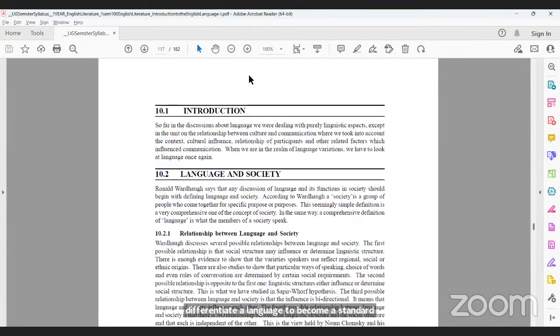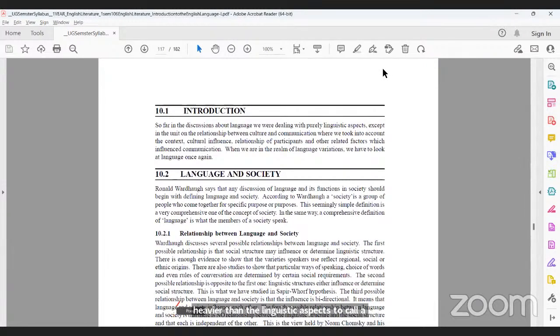It's also the social and political aspects which have a big impact. You can also say, more than the linguistic aspects, social and political aspects are heavier than the linguistic aspects in calling a particular language a standard one.